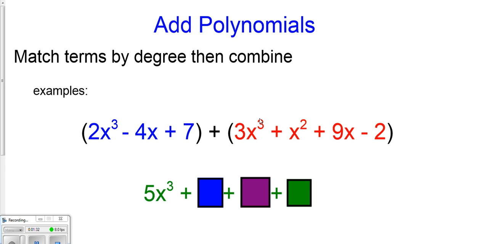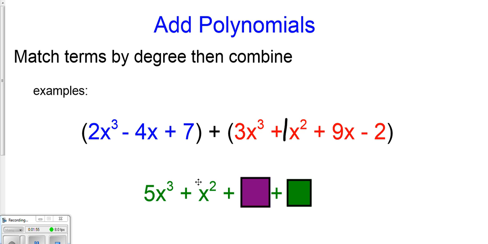When I'm looking at my next degree then, so instead of x to the third, now I'm looking at x squared. Notice that there's no x squared over here. And notice that the one that's right here, there's kind of a hidden coefficient of 1. So it's like 1x squared. And none of them over here, so when we add them together, they're still just the 1x squared.